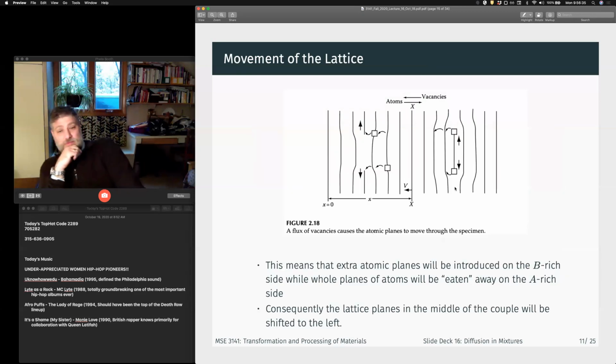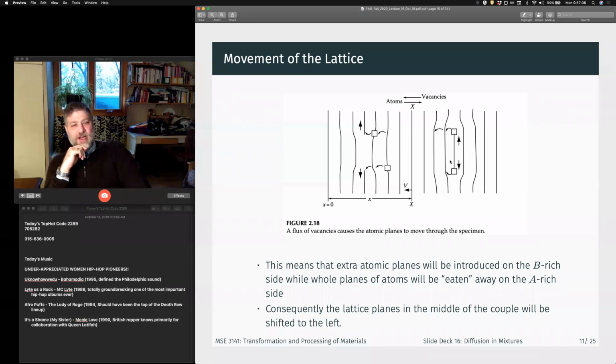But this motion of defects and climb processes essentially means that we end up with a net flux of atom planes through our sample, right? So we're going to have extra atomic planes introduced in the beta-rich side, while planes will be eaten away from dislocation climb.